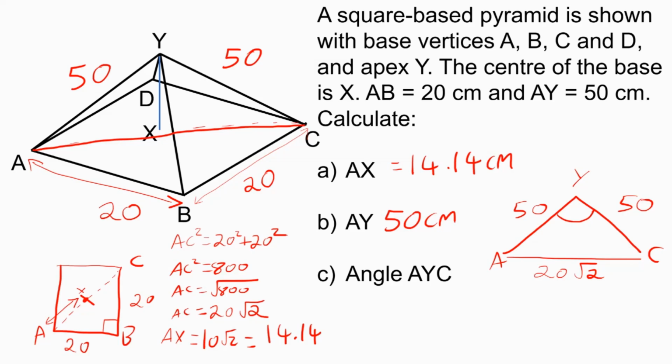Using the cosine rule, I would have cos of angle AYC equals 50 squared plus 50 squared, take away 20 root 2 all squared, over 2 times 50 times 50.